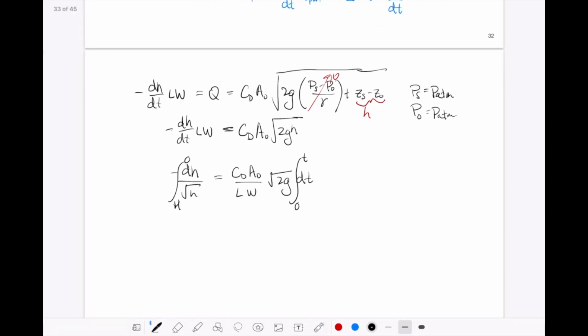And if we do this, we get the equation 2 times the square root of h is equal to CD A0 square root of 2g divided by length times width times time to empty.